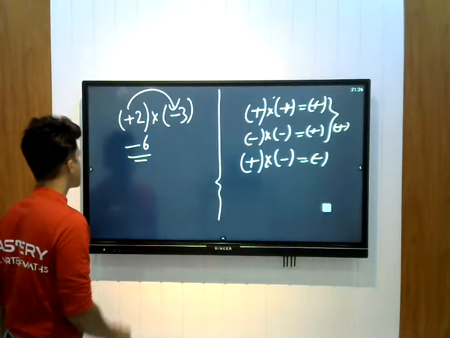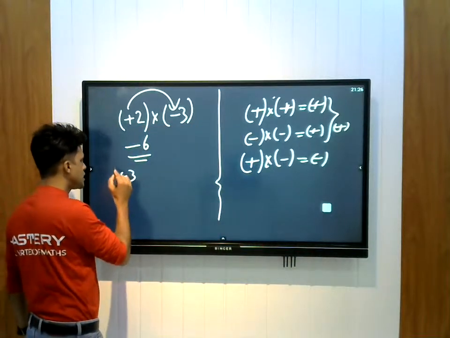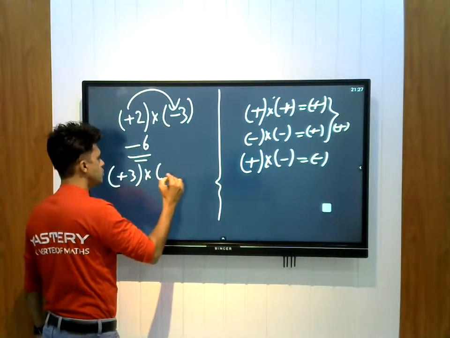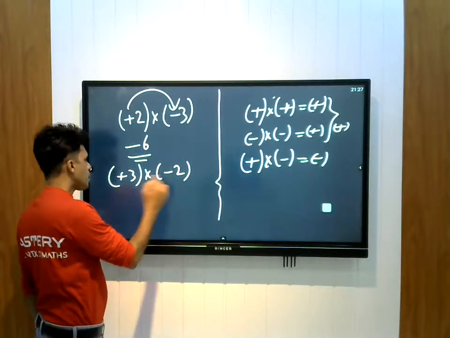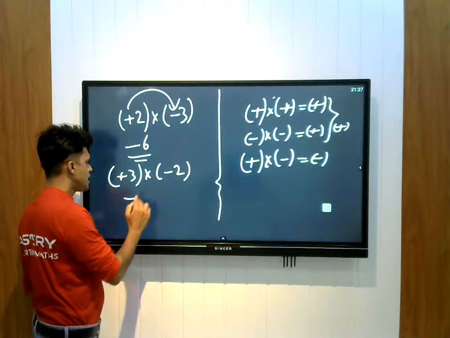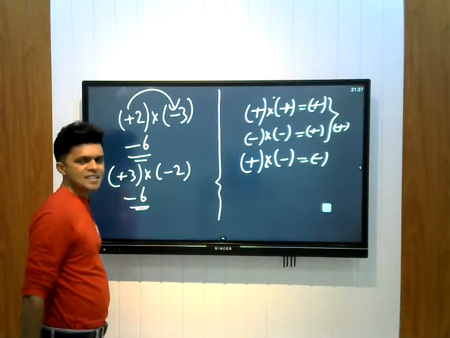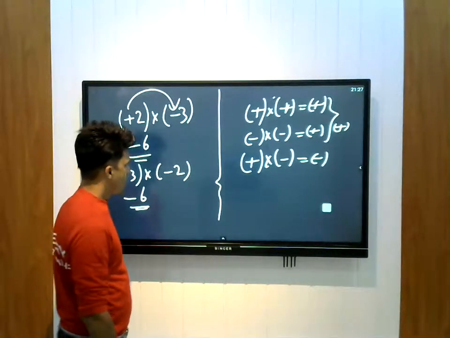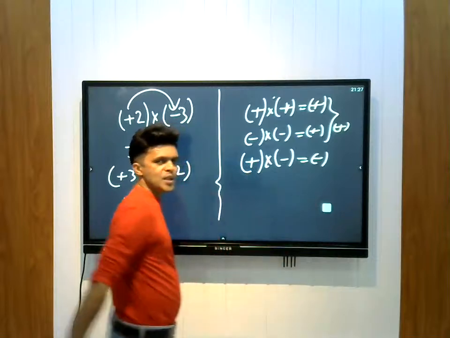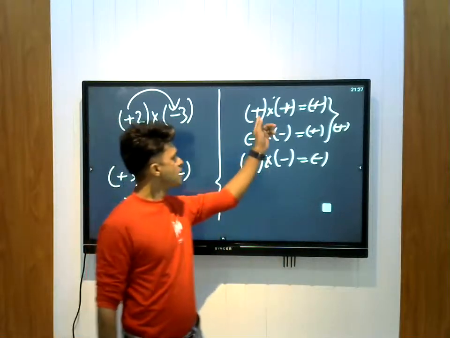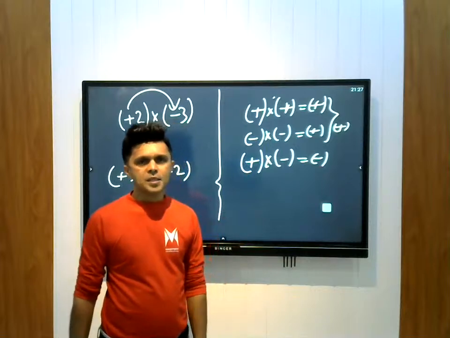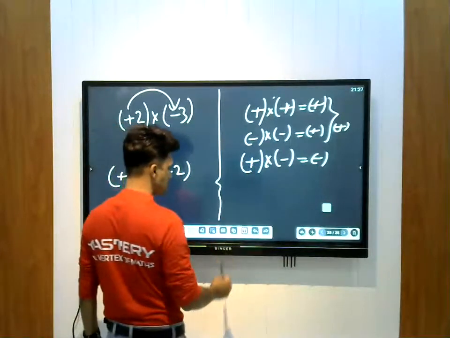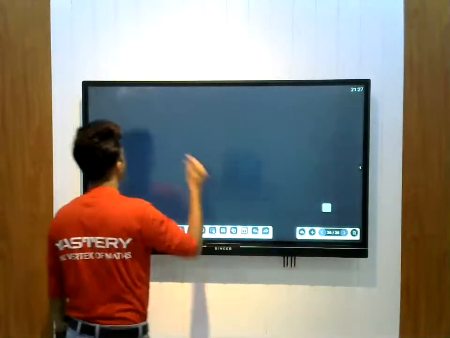Now how can you do this type of one? Plus 3 into minus 2. Plus into minus is minus, and 3 times 2 is 6. So plus into minus is minus. Plus into plus is plus. Minus into minus is plus. You know this type of one.